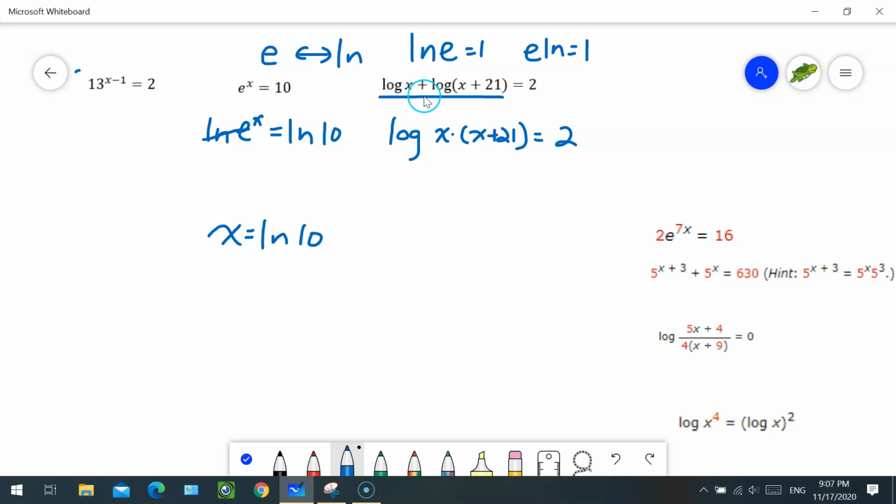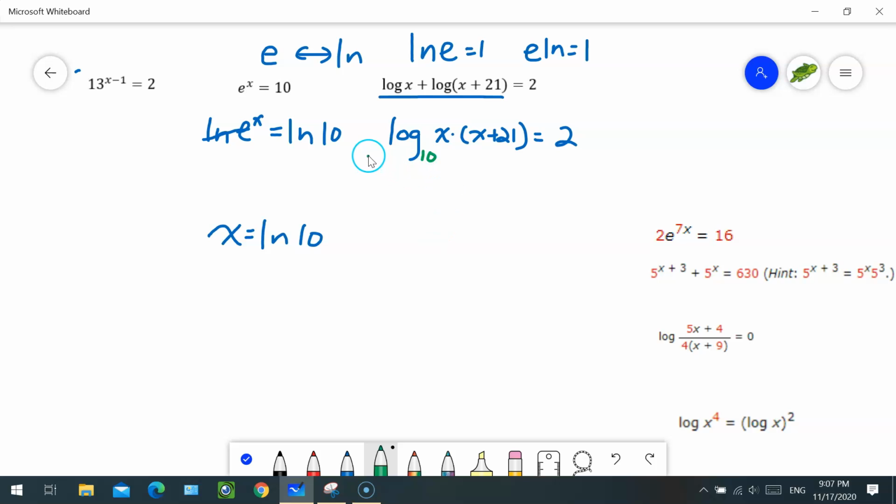Once you condense the multiple logarithms into a single logarithm, the next step is to get rid of the logarithm. And the way we can get rid of the logarithm depends on the base number they have. In this question, we only have base 10.